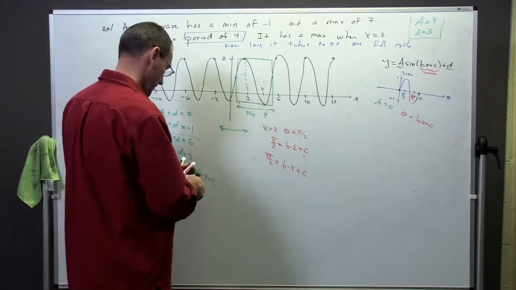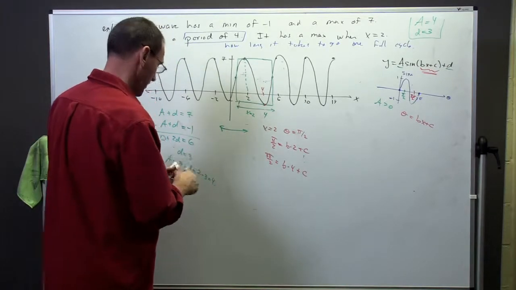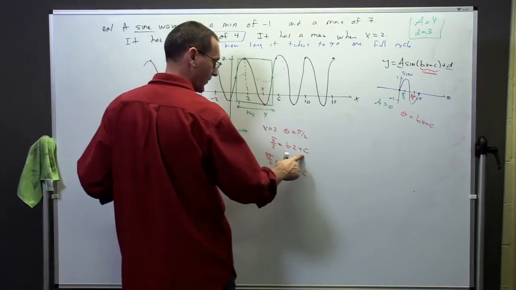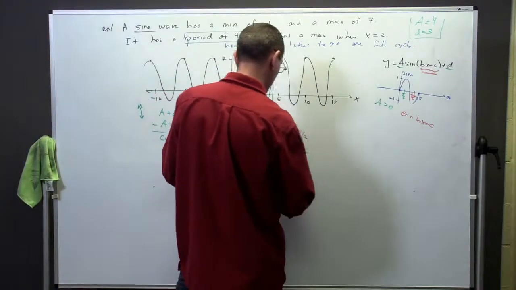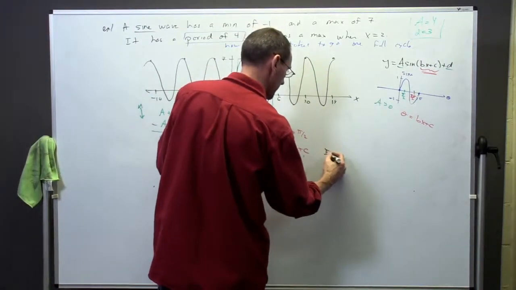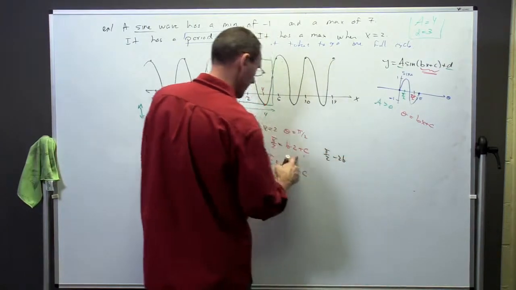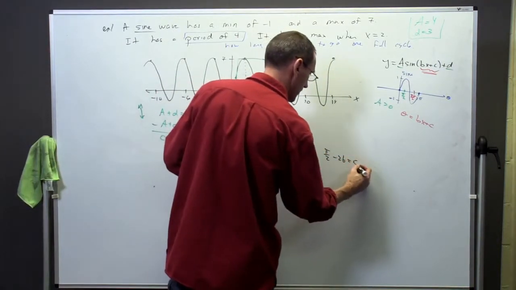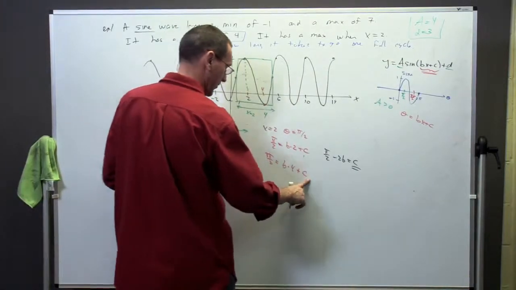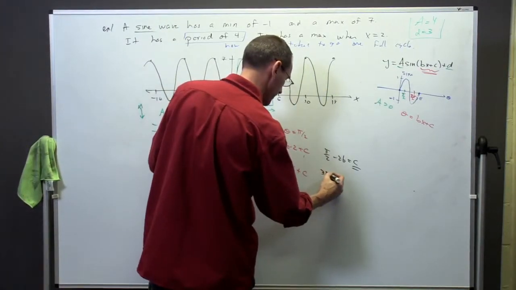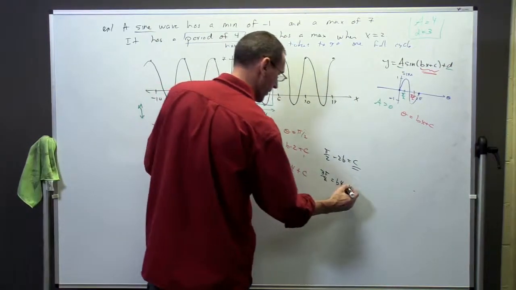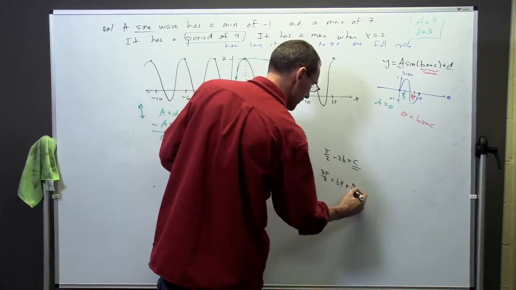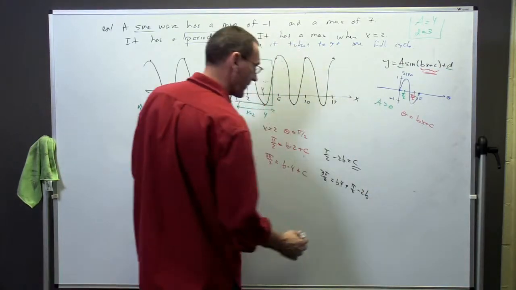So let me solve this for c and then plug that result into here and then solve for b. If I subtract 2b from both sides, there's my value of c, so I can plug that in here. So that's b times 4 plus pi over 2 minus 2b.